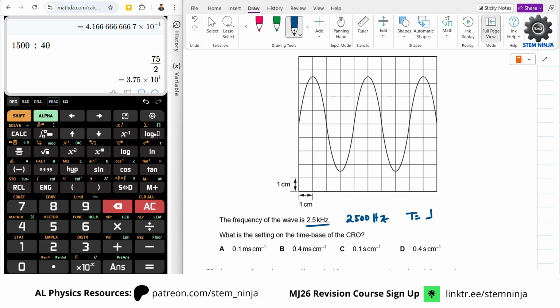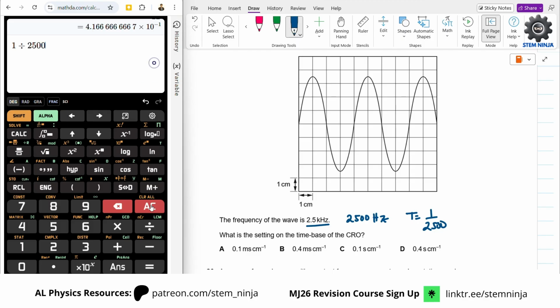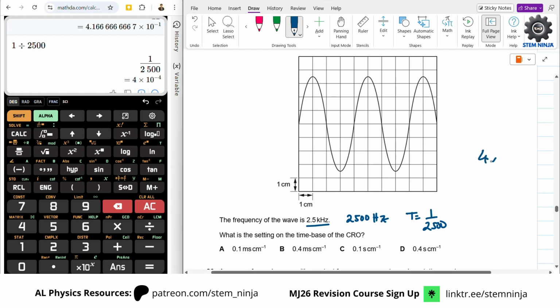So the time period would be 1 over 2500. So 1 divided by 2500 is going to be 4 times 10 raised to the power minus 4 seconds.